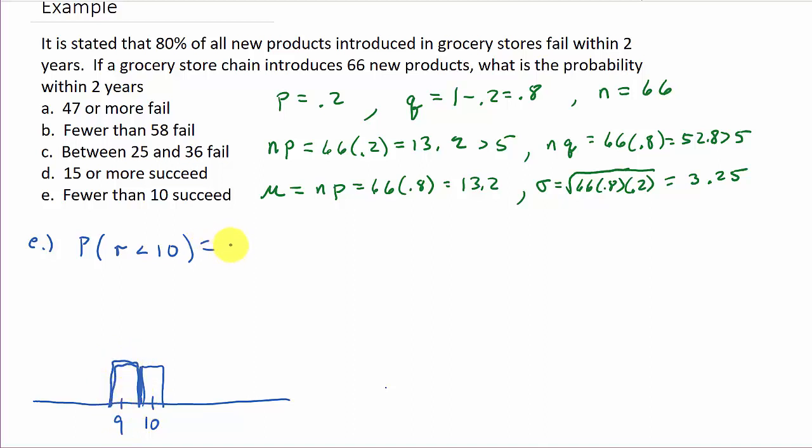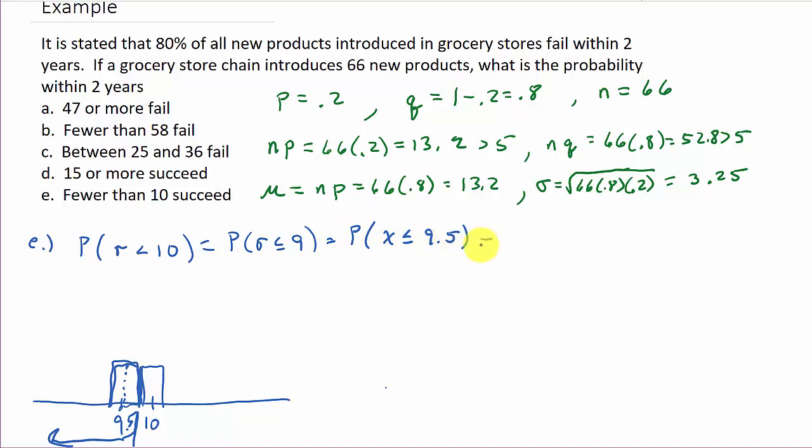That would be the same thing as the probability R is less than or equal to 9. If I go to the left here, that's what I'm looking for, but I've got to back up 0.5 to take in the entire rectangle. So that's the probability x is less than or equal to 9.5.